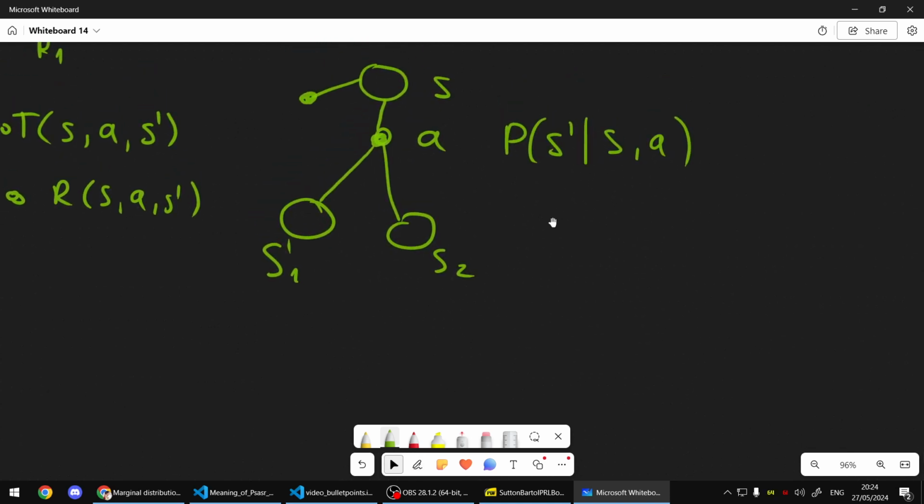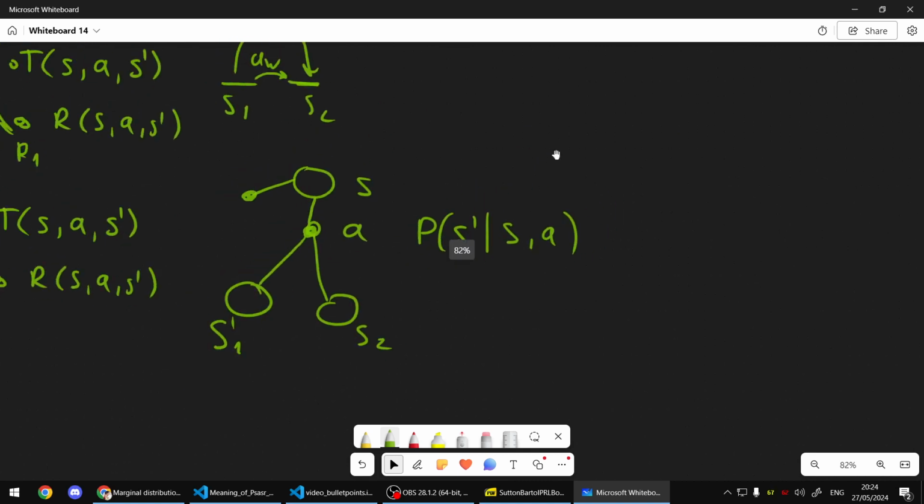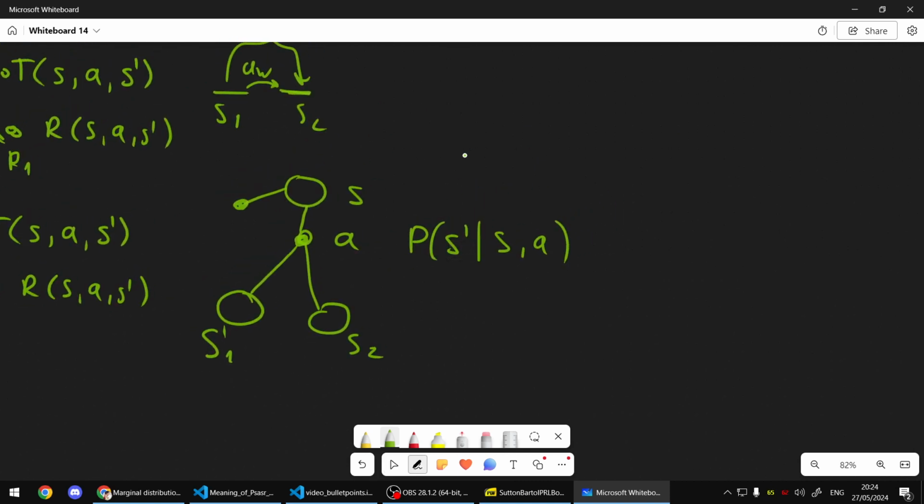This is one case. If you want an example, there is a popular game for reinforcement learning called Frozen Lake.